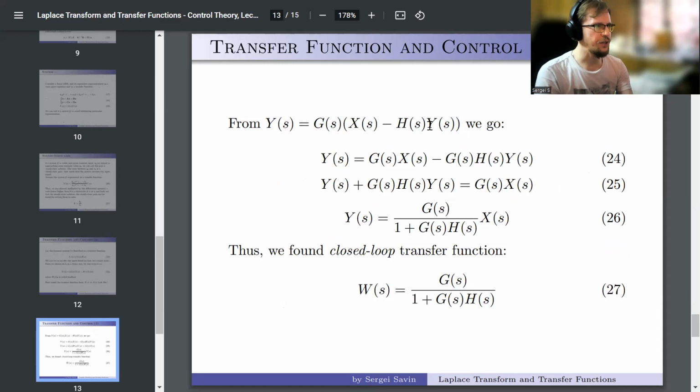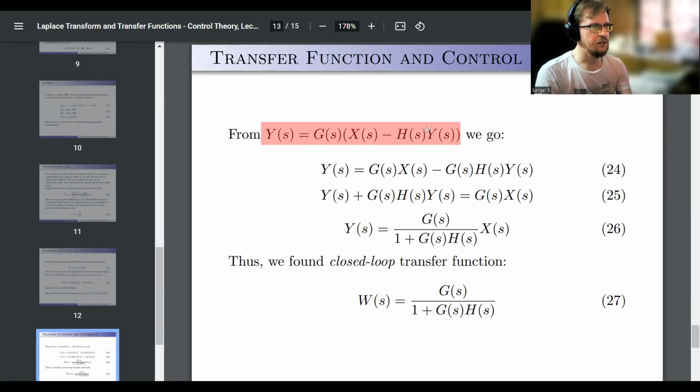So the way it's going to operate is something like this. We have this function where we can open the brackets. We open the brackets, we get this expression in front of y, and here expression in front of y. We can transfer this expression to the left, and we get again y and y here, and we get x of s here, right? The same x.